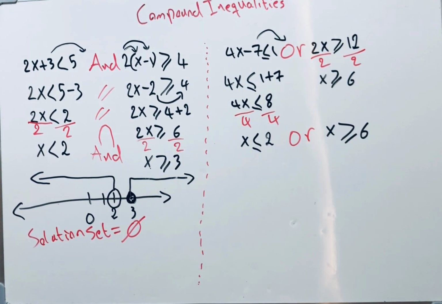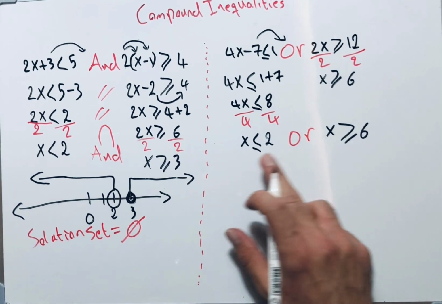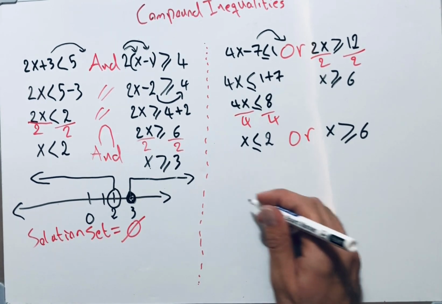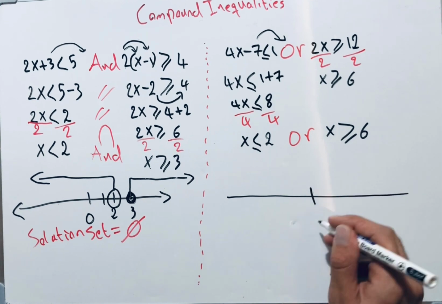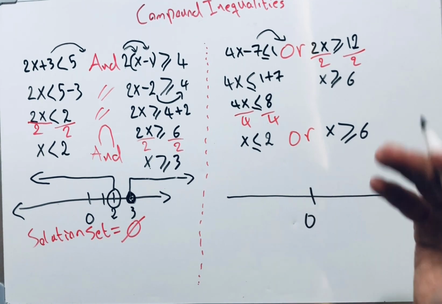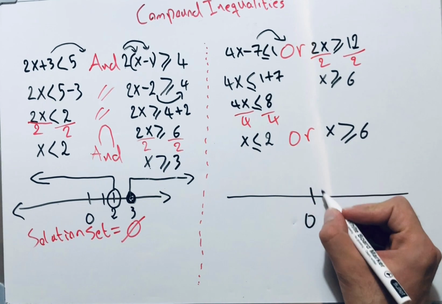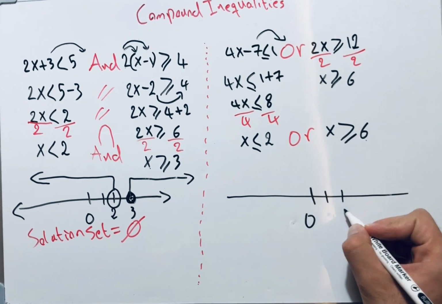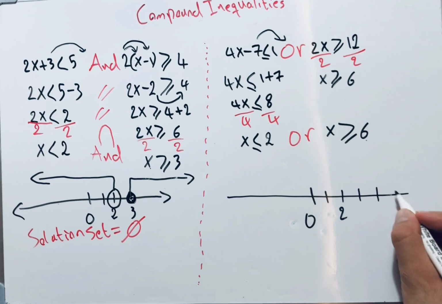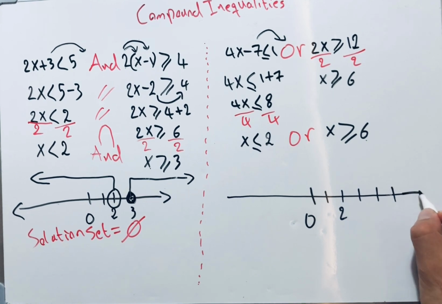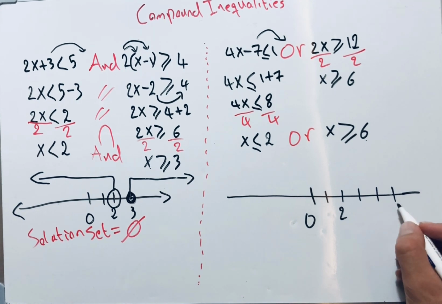Okay, so we have these two sets of numbers. Let's see actually what is going to be their final solution set. Okay, so we have the numbers 2 and 6, so 1, this is 2, 3, 4, 5, and also we have 6. Okay, right?